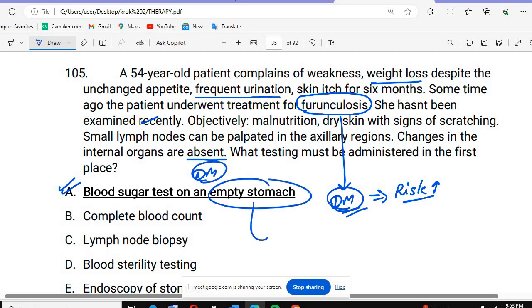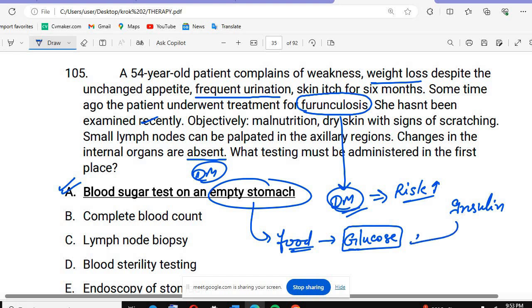Why the empty stomach? Because if the patient has taken food, food will contain glucose, and when glucose is in the body we have the hormones insulin and glucagon. Glucagon, you know, increases the glucose. Insulin decreases the glucose. So the result will not be what we want; a false result will be there.